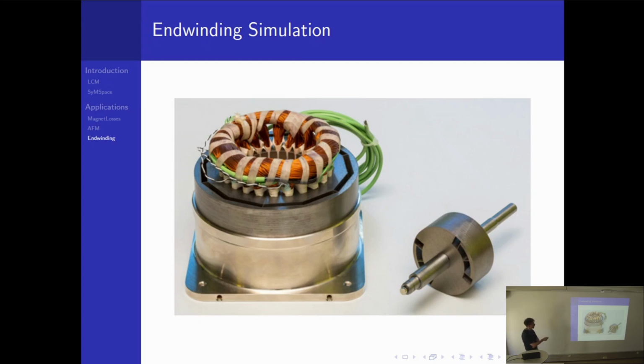So I'm jumping back to the idea if you are making a 2D simulation and what effects you cannot cover. For example, here you have the end winding, and as you may imagine, you can't cover all the effects from this end winding for a 2D simulation because this is simply not covered. But there are also quite interesting or important effects.